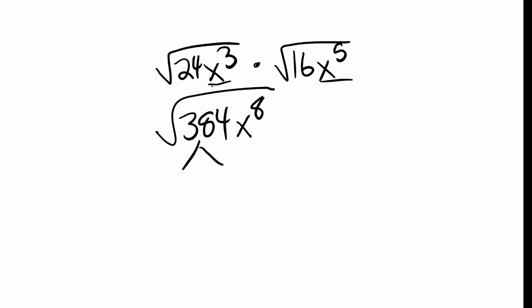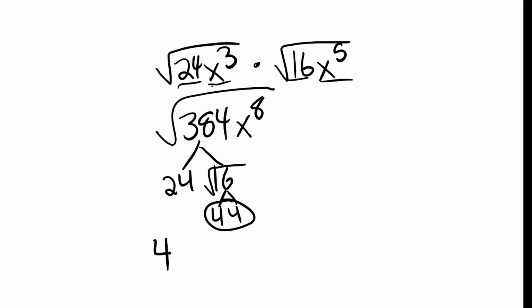Cool, now that I've combined these, I'm going to need to factor 384 here. And so I'm going to cheat a little bit. I know 24 and 16 go into 384. The reason I know that is because I multiplied 24 and 16 to get that. And now these are way easier to factor, these pieces here. 16 factors to 4 and 4, which means that's a pair. So, and also the square root of 16 is just 4 by itself. And so I know I can pull a 4 out. If I factor 24, that goes to 4 and 6.